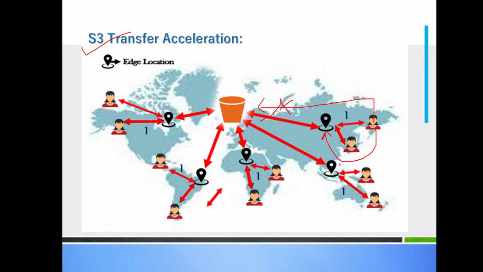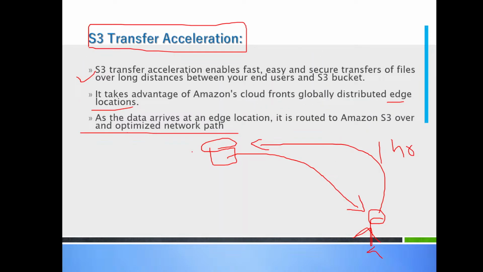Because of this, you will get a good bandwidth and you will take a lesser amount of time to upload the data, and from here your data will be copied to the S3 bucket using the Amazon backbone service, as Amazon has their own good network. So that is what it means: as the data arrives at the edge location, it is routed to Amazon S3 over an optimized path.